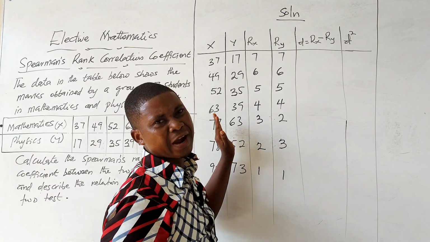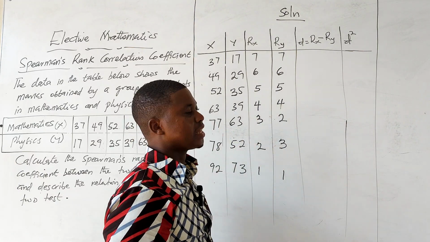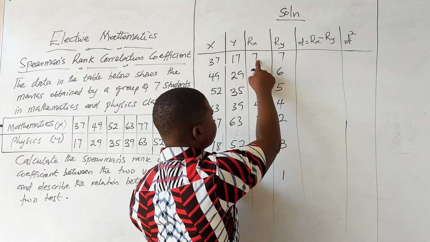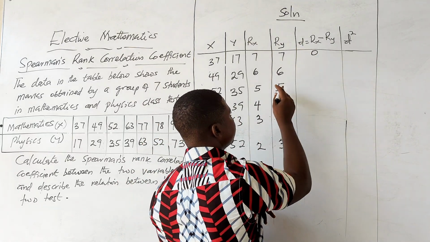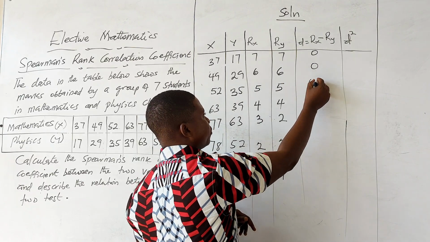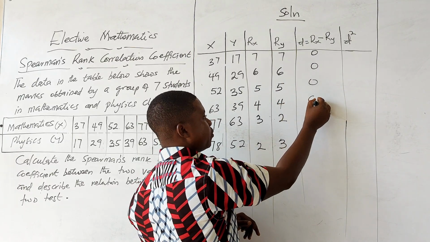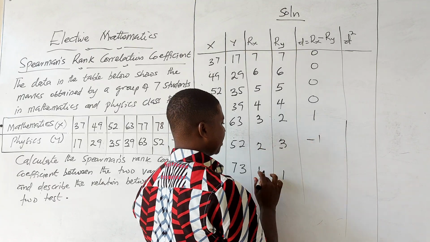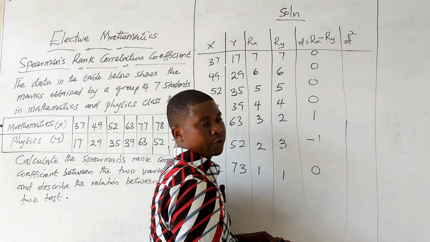The next thing is we find the difference. So finding the difference, we have 7 minus 7, and that's 0. 6 minus 6, that's 0. 5 minus 5, 0. 4 minus 4, 0. 3 minus 2 is 1. 2 minus 3, negative 1. And this one also gives us 0.